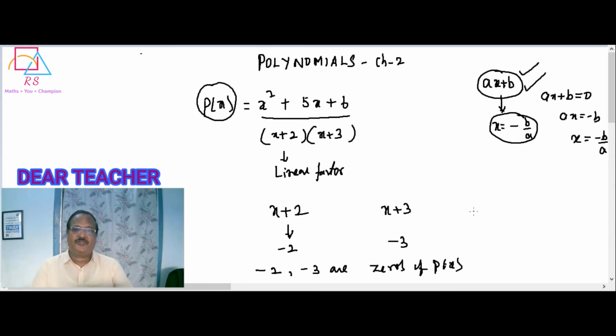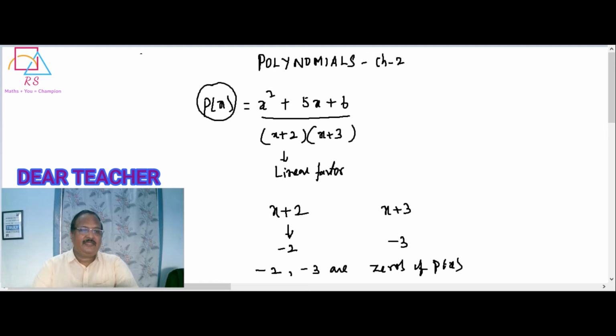Find the zeros of the quadratic polynomial. I will just give you a few questions for your practice. I will not denote it with p(x) is equal to, let me write it completely. So x square minus 17x minus 60. This is the first question.